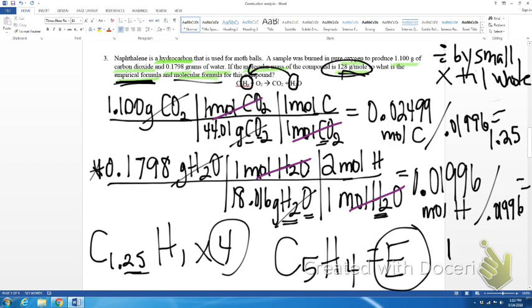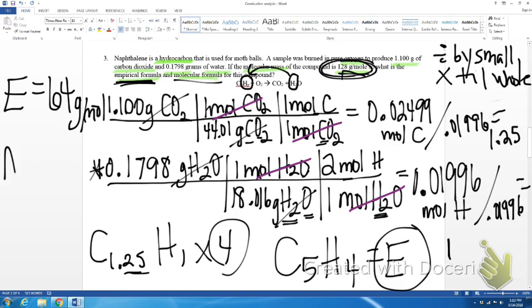So if you remember, the empirical molar mass is 64 grams per mole. The molecular is 128 grams per mole. So if I'm trying to get the molecular formula, how many times does 64 go into 128? That's just an easy 2.